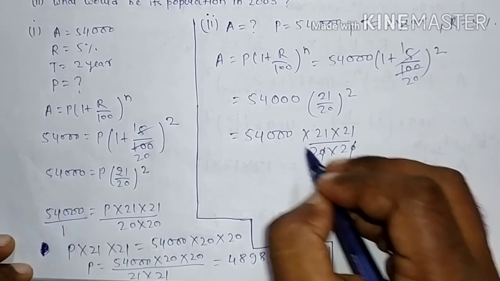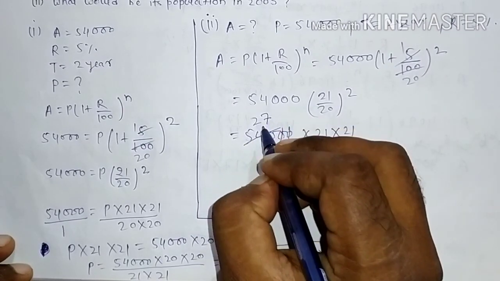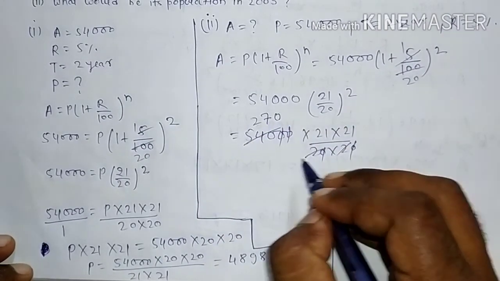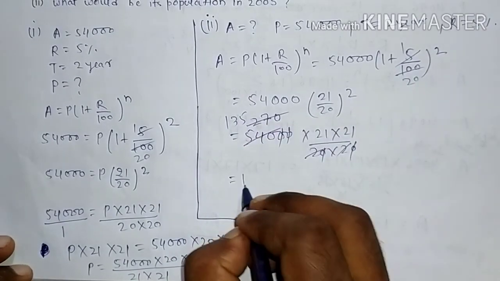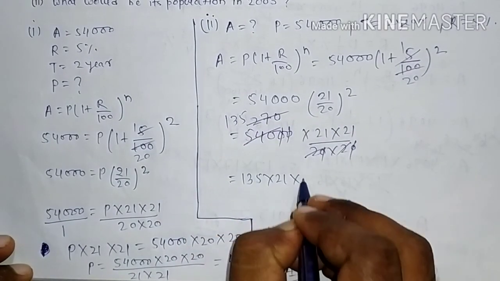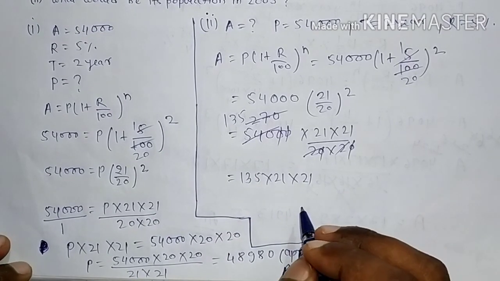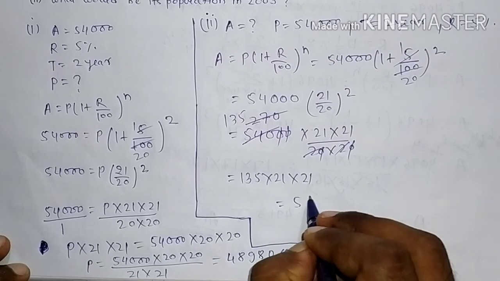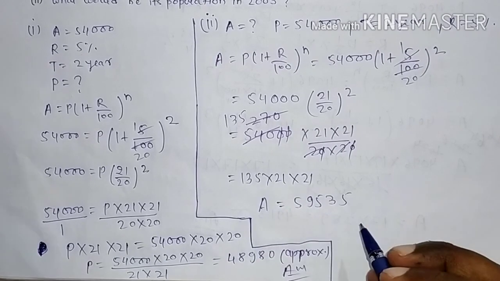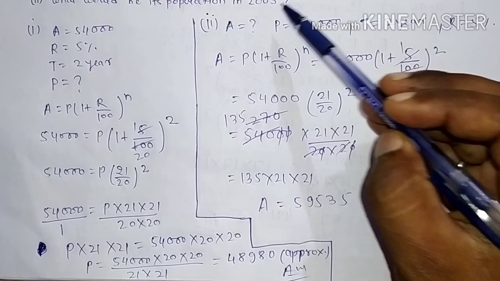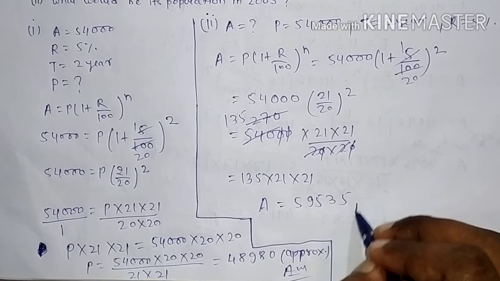Now 0, 0 cancel out. It will become 2 into 4, 2 7 is 14, 0, again by 2, 2 1 is 2, 2 3 is 6, 2 5 is 10. Now 135 into 21 into 21. So it becomes 59535. Now the population after 2 years in 2005 is 59,535. Now this is the answer.